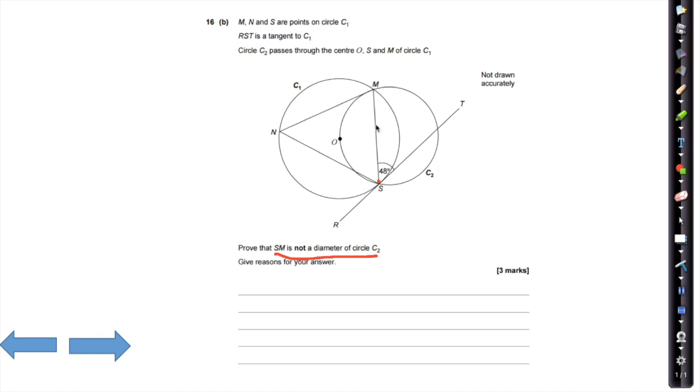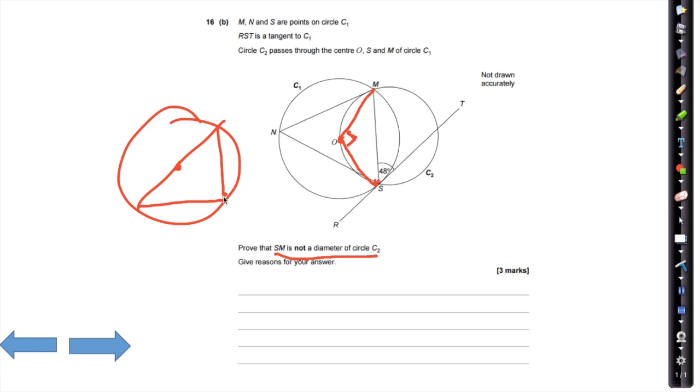If SM is a diameter, then the angle created in a semicircle to the circumference would have to be 90 degrees. One of our circle theorems states that if you've got a diameter and an angle created to the circumference, that must be 90 degrees. Wherever it is, it must be 90 degrees.